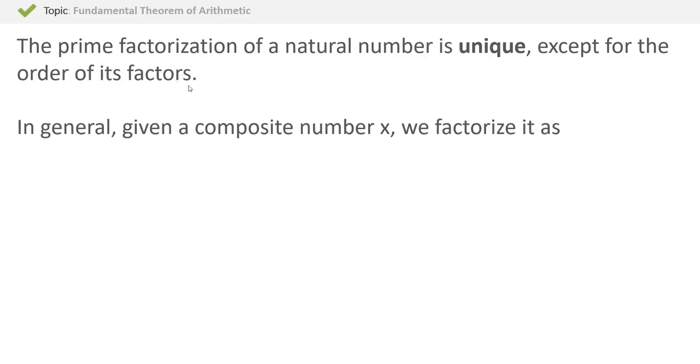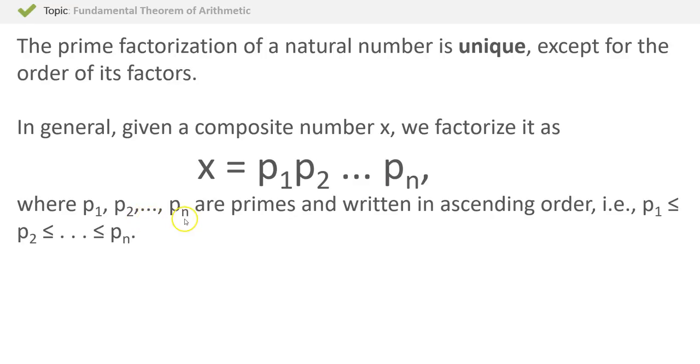So, continuing with the fundamental theorem of arithmetic, the prime factorization of a natural number is unique except for the order of its factors. In general, given a composite number x, we factorize it as x equals p1 times p2 times dot dot dot up to pn, where p1 to pn are all primes, written in ascending order, where p1 is less than or equal to p2, which is less than or equal to dot dot dot, less than or equal to pn.